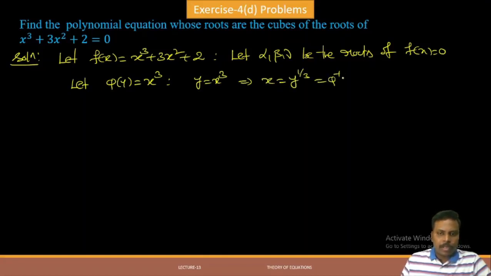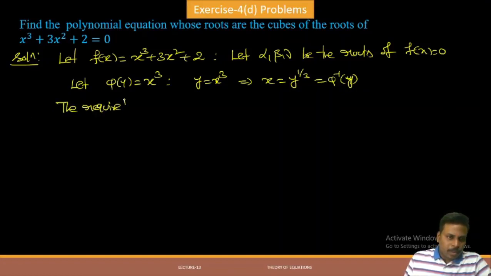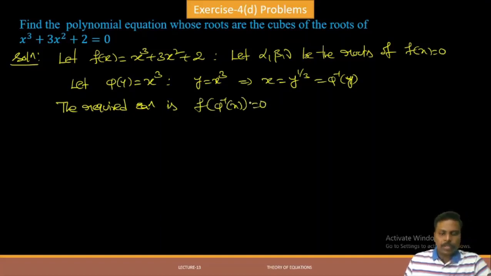So this is your pi inverse y. So the required equation is f of pi inverse x is equal to 0. Okay, so what is f of pi inverse x?